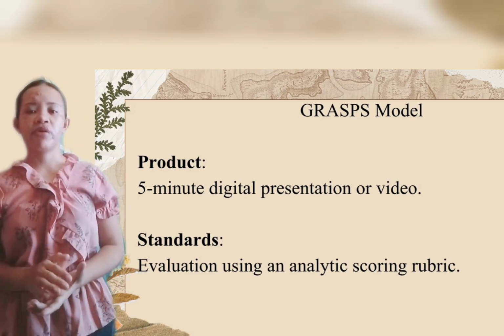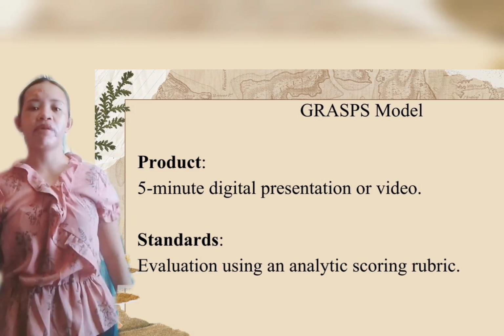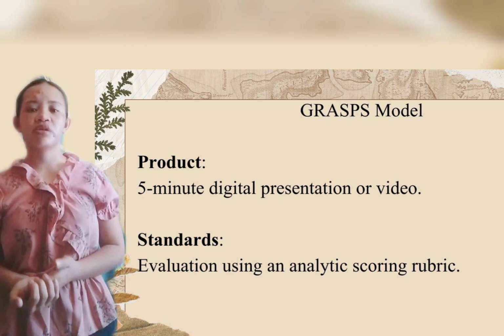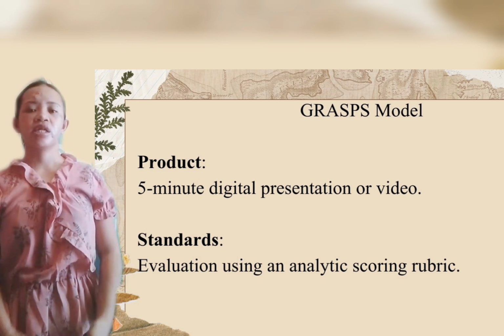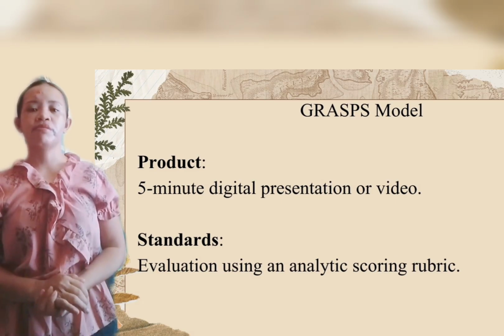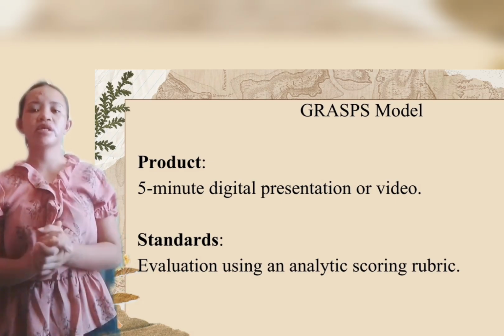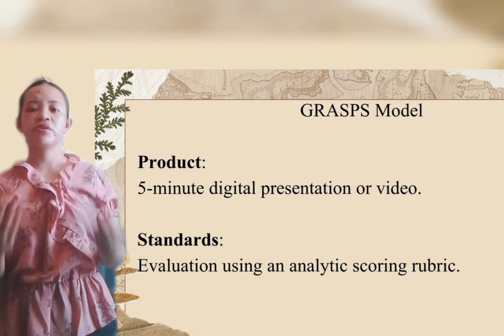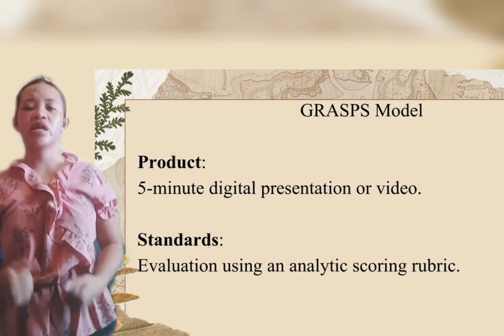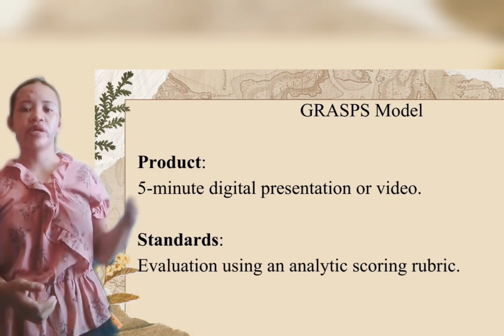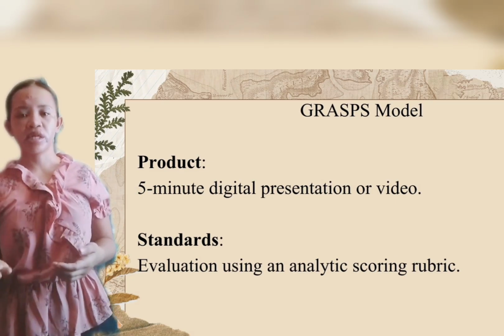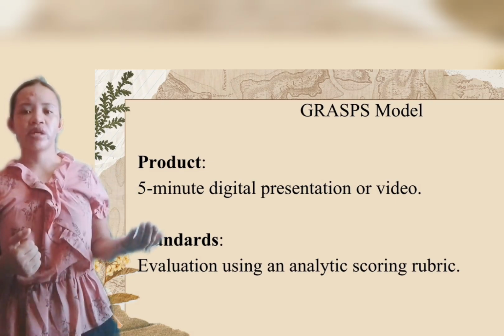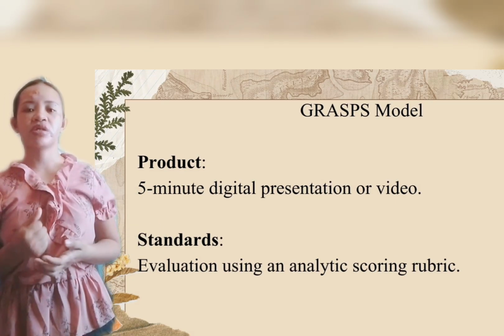The final product will be a 5-minute digital presentation or video explaining the elements of fiction in the selected story. And the last letter is standards. For success, students will be evaluated using an analytic scoring rubric that measures their understanding, analysis, organization, creativity, and communication skills.